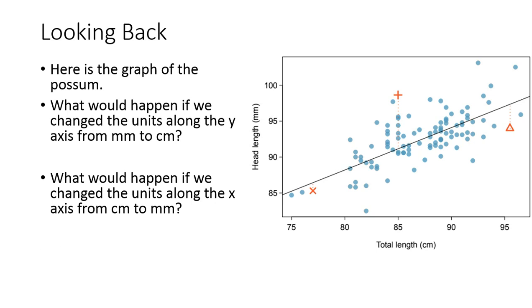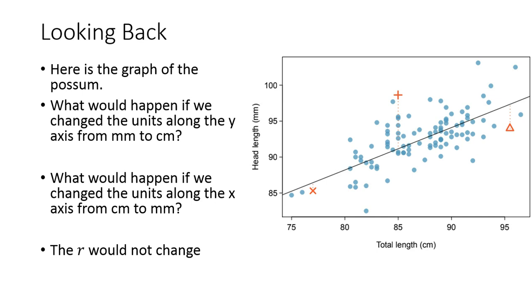So no, the R would not change. Even if we changed the x also, if we changed the unit on both, it wouldn't. As long as we keep the units consistent and we didn't change the actual data points, we can change these numbers, but we're still going to get the same R. That line is still going to fit that data the same way. So if we change the units of the X and the Y, our R is not going to change.